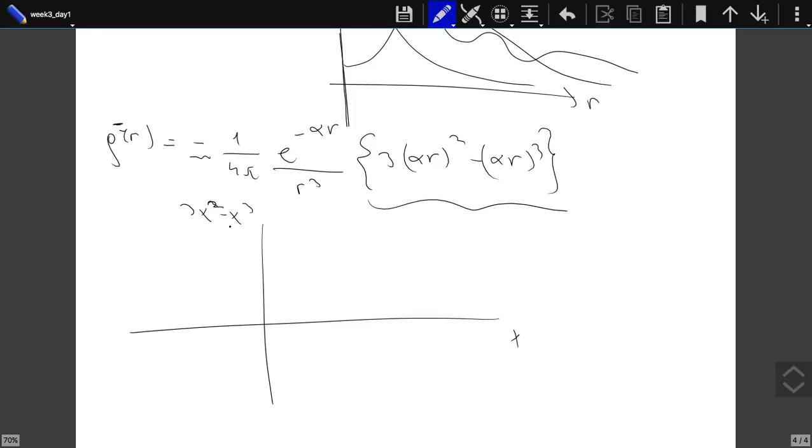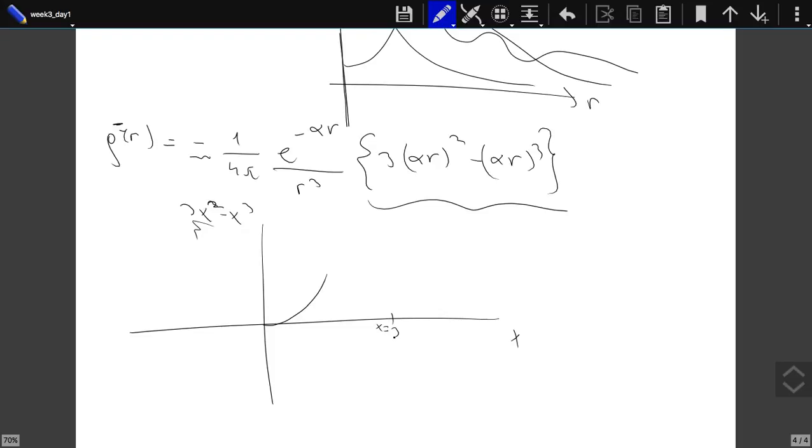You see, for x small, x cubed is very small, much smaller than x squared. So for very small values of x, this will be the term that determines its shape, its sign, its behavior, and that is a parabola. Of course, when x is equal to 3, it becomes 0. Let's say x equal to 3 is over here.